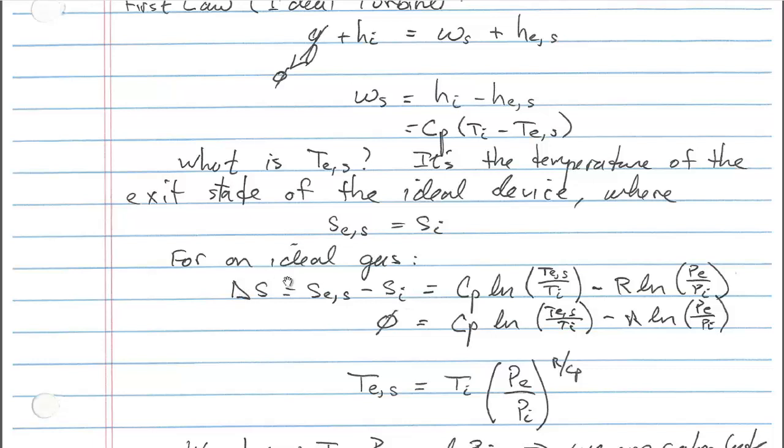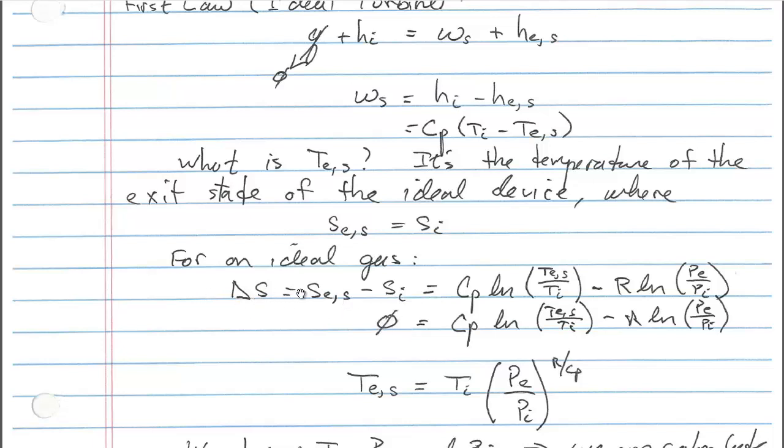And delta S for an ideal gas is equal to what's on the right-hand side: the constant pressure specific heat times the natural log of the temperature ratio minus the gas constant times the natural log of the pressure ratio. That's a P there, P sub I. It looks a little bit like gamma. Sorry about that. So because I'm doing this for the isentropic process, my exit state temperature will be Te comma S. It's the exit temperature that corresponds to the ideal exit state. And because it's an isentropic process, my change in entropy is equal to 0.